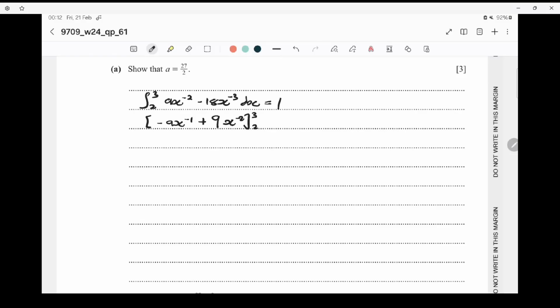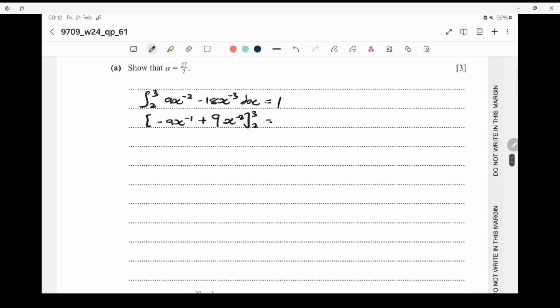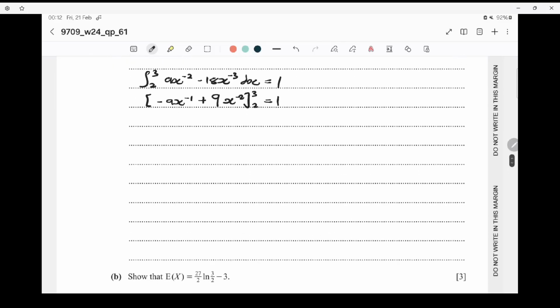Substitute the value of 3 and 2 inside. This has to be equal to 1. So you have minus A over 3 plus 1 plus A over 2 minus 9 over 4. This is equal to 1.